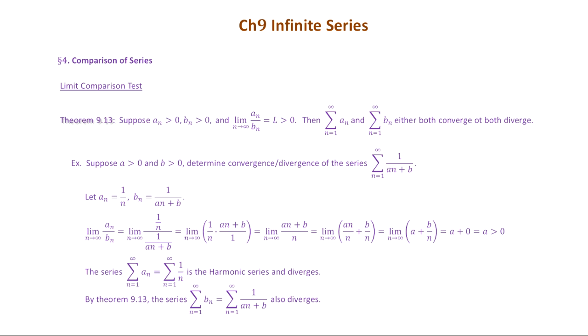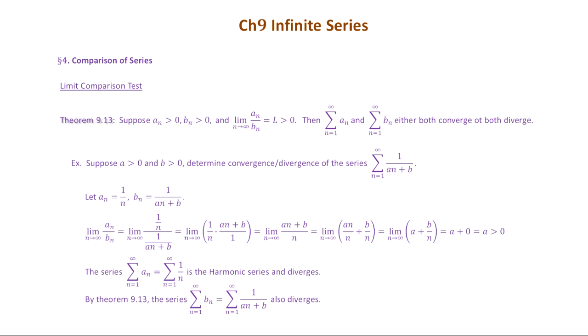So this is a different comparison test. You take the limit of the ratio of the terms in the series, and then you see if they give a positive number, and then you can determine either both converge or both diverge. All right.